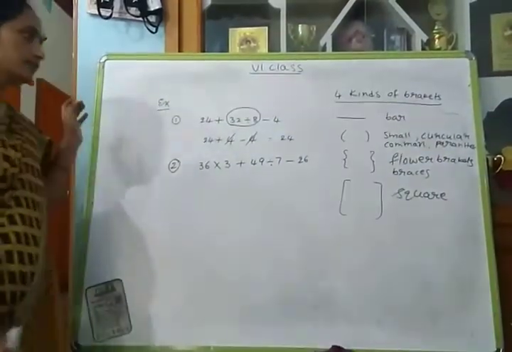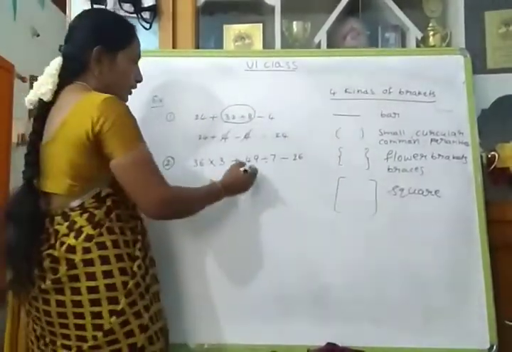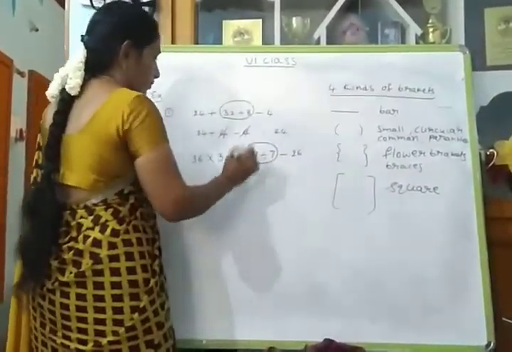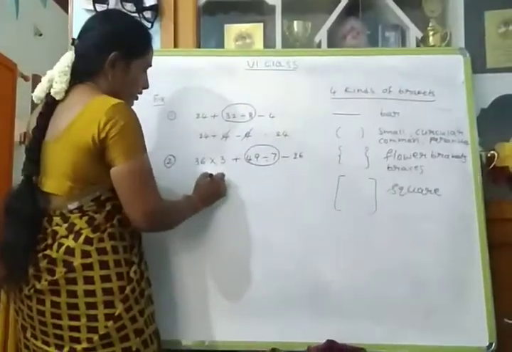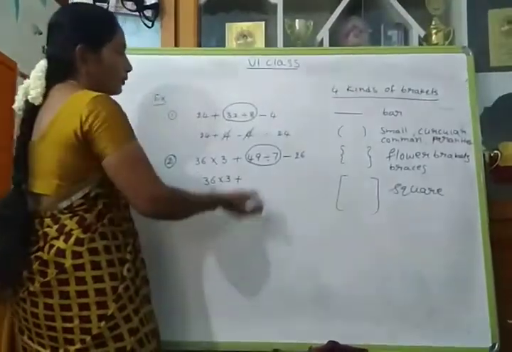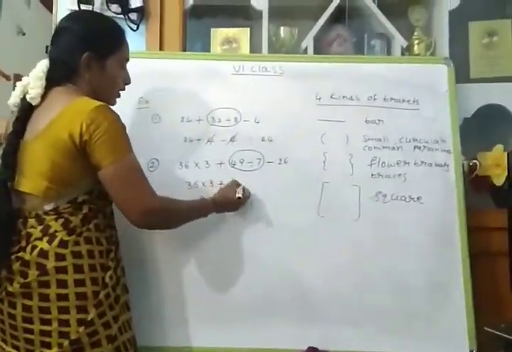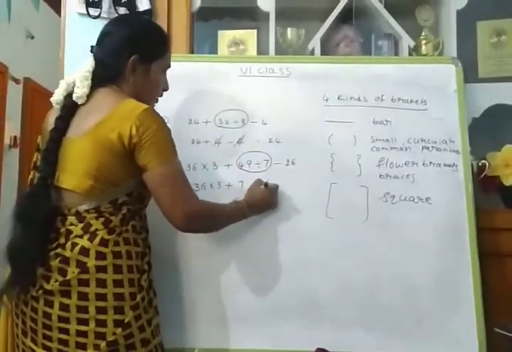See here, all operations are present. First you have to complete the division, after that multiplication. So 49 divided by 7: 7 sevens are 49. You get quotient 7. So in this place you get 7 minus 26.